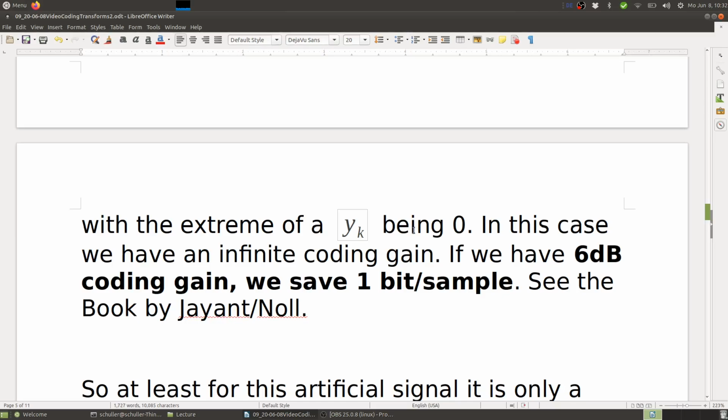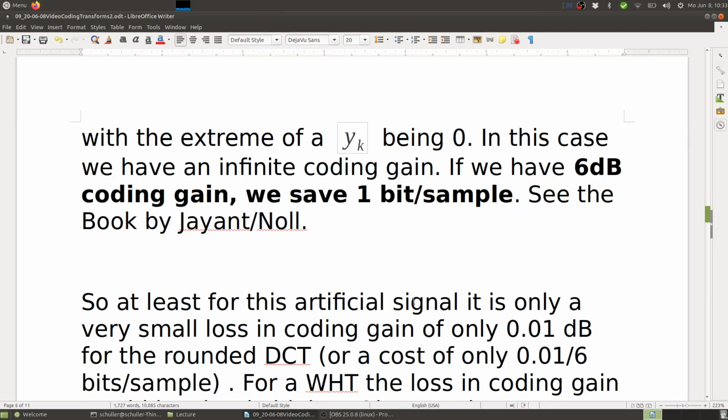In this case we have an infinite coding gain. If we have a 6 dB coding gain, we save 1 bit per sample. Right? So if you calculate this number, 6 dB coding gain on average, then we get on average a saving of 1 bit per sample. And depending on how many bits per sample you spend, this can be considerable.